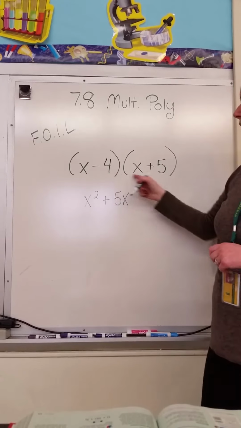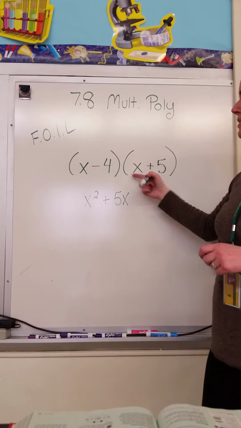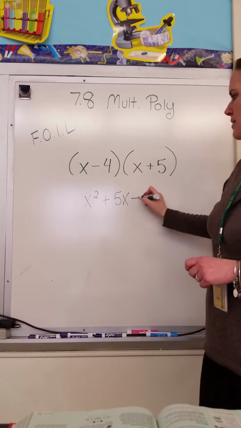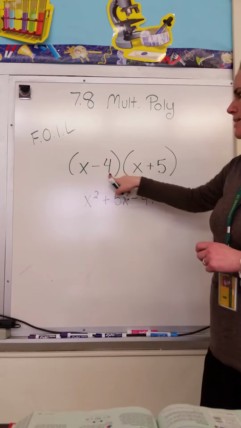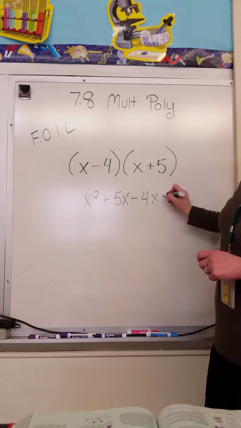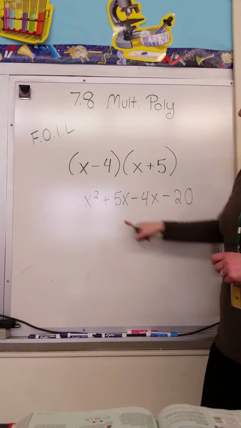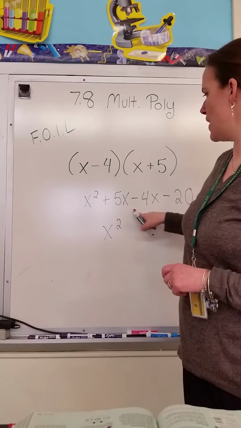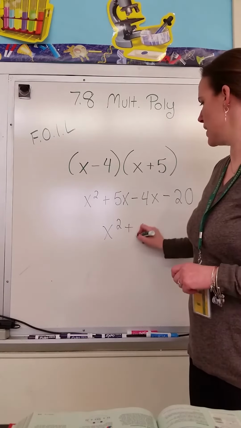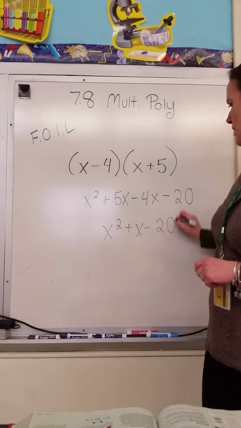Then you'll have your inside, always watching the signs, because this is negative 4 times x, so it's minus 4x. And then your last, this is negative 4 times 5, so it's negative 20. Combine what's on the inside, so positive 5x minus 4x is just plus x. So x squared plus x minus 20.